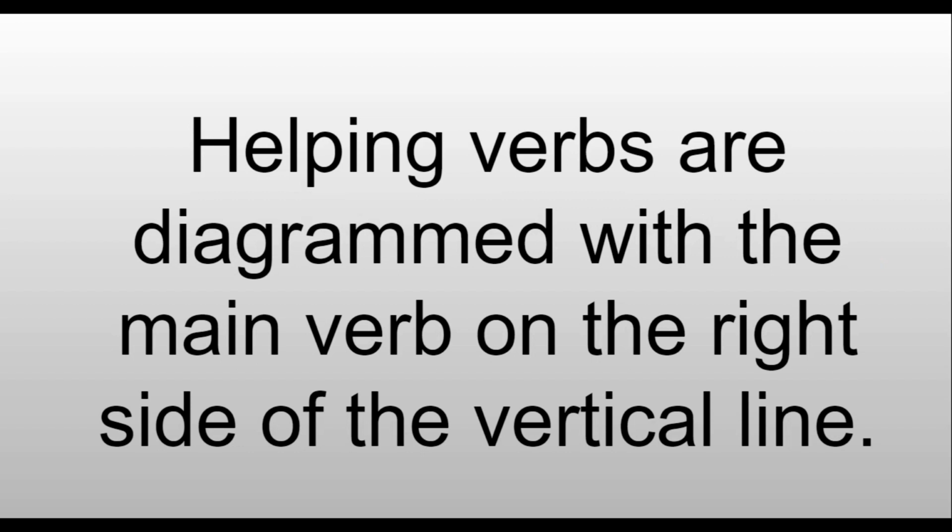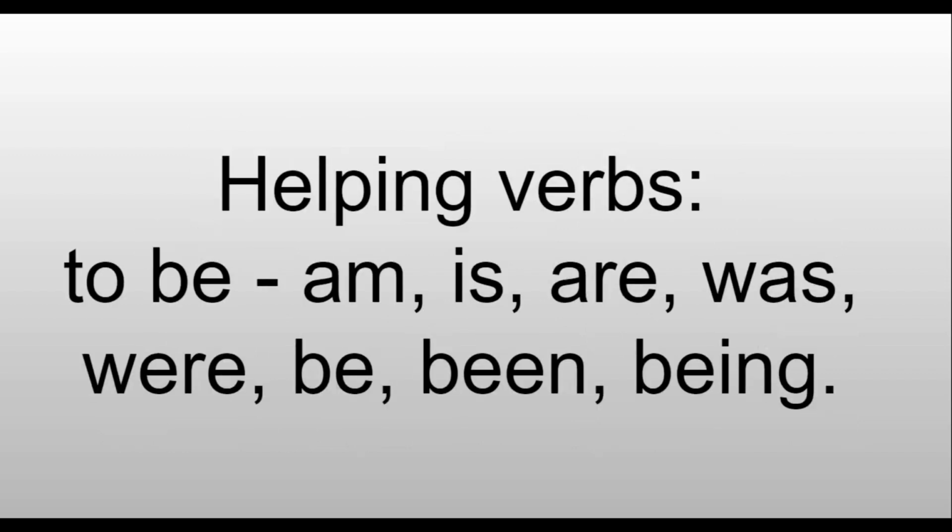Now helping verbs are diagrammed with the main verb on the right side of the vertical line. Okay, some sentences have helping verbs to help the main action verb. Other sentences just have a helping verb. So here's some examples of helping verbs. The to be helping verbs are am, is, are, was, were, be, been, being.